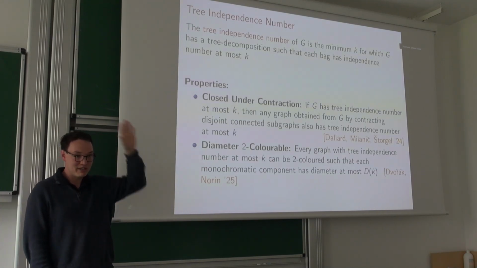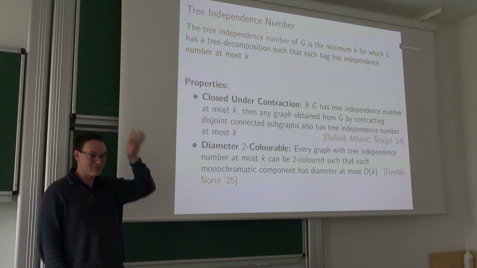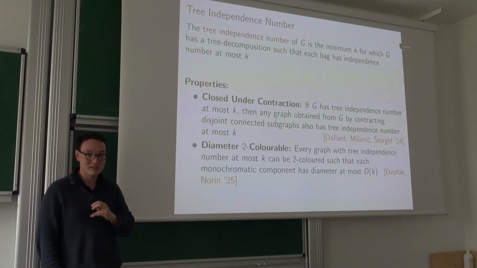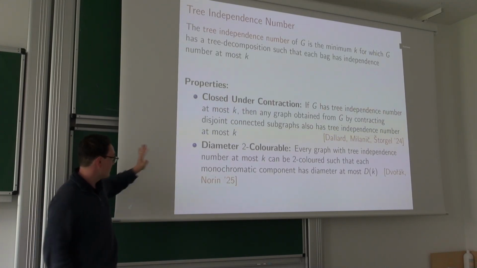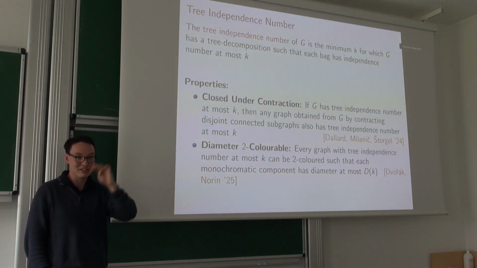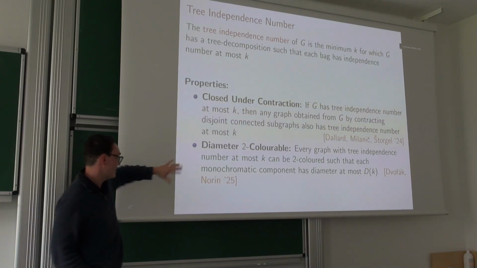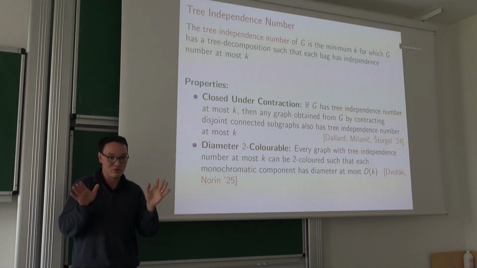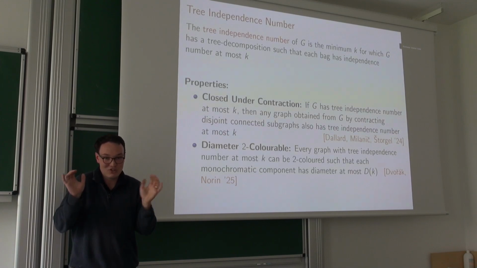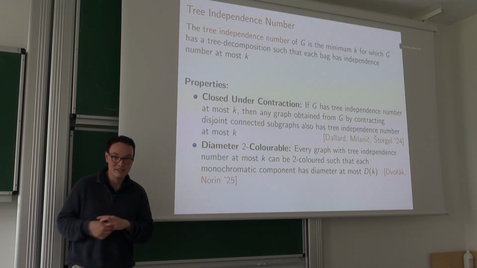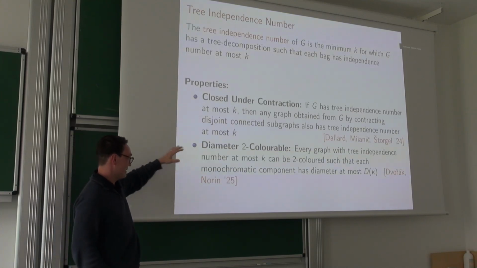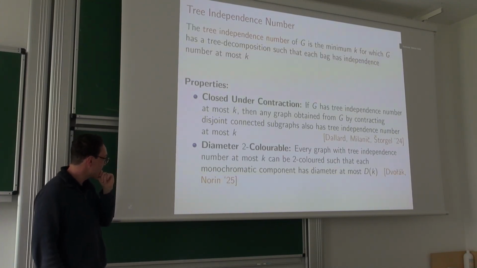And diameter is given with respect to distance in the graph as a whole. This type of result is useful when proving statements about asymptotic dimension, and you can essentially use this to prove that graphs of bounded treewidth have asymptotic dimension at most 1. So that's where this type of result comes into play.